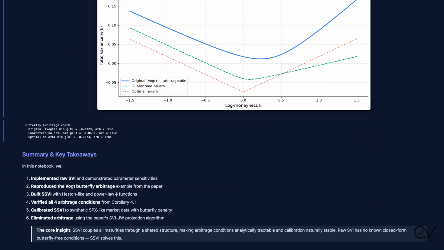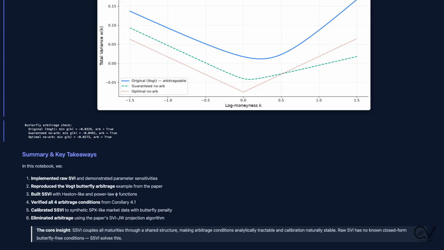The 3 smiles show the total variance as a function of log moneyness. The solid blue line is the original Vogt smile, the one with butterfly arbitrage. The dashed green line is the guaranteed no arbitrage smile produced by projecting to the SSVI formula. It is clearly arbitrage-free.